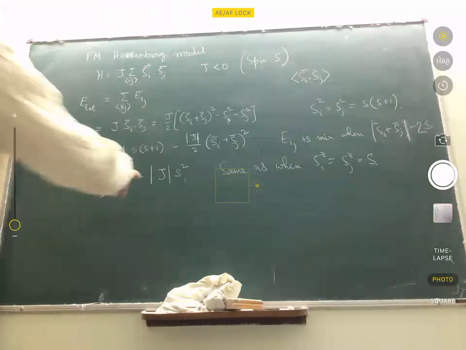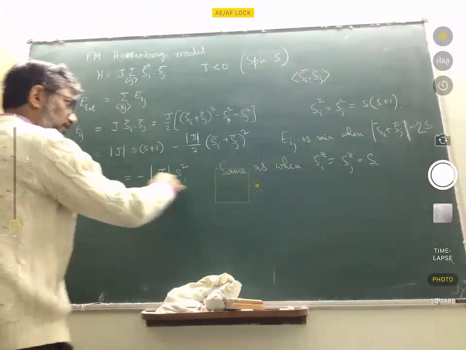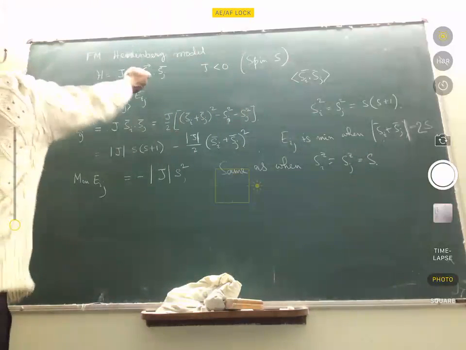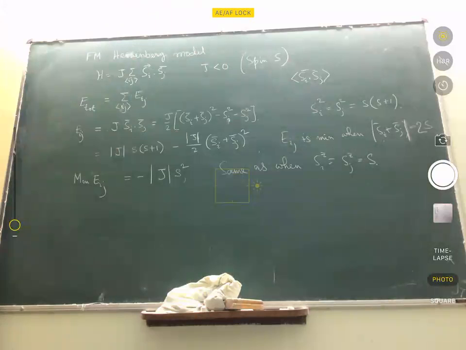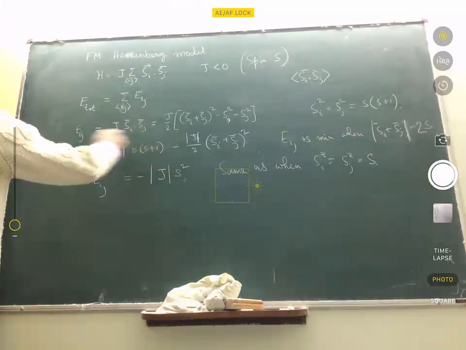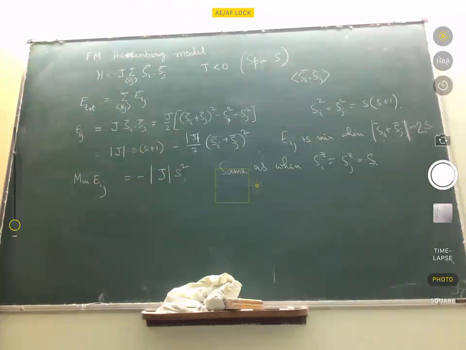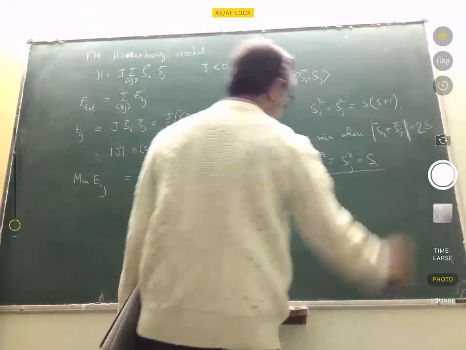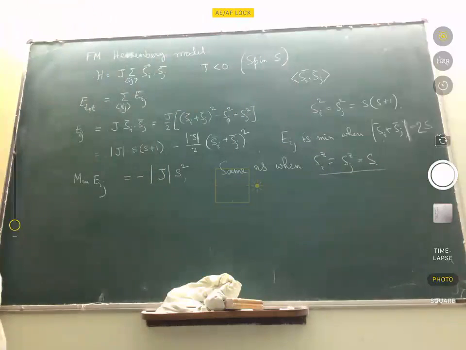But you get this value of the interaction energy when both are equal to S, just from this expression. So therefore, the sort of bond energy, if you wish to call it, pairwise interaction energy, is minimized when both have their Z components as S. Okay, that is what we understand.